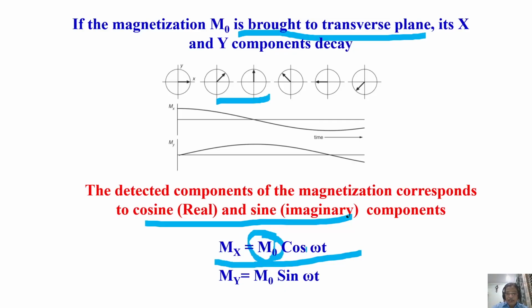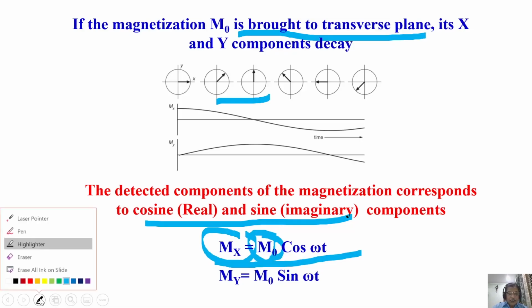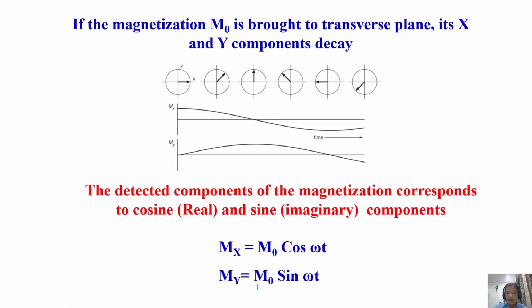Now this m0 has two components. Mx corresponds to the cosine component, written as m0 into cosine of omega t, where omega is the frequency. My is equal to m0 into sine of omega t. This is simple. I think you all know we can resolve this magnetization into two components.